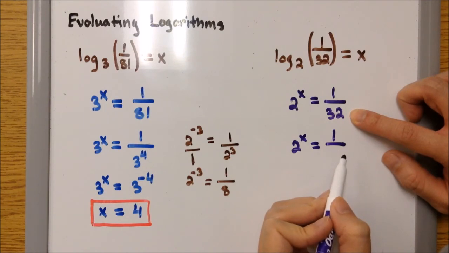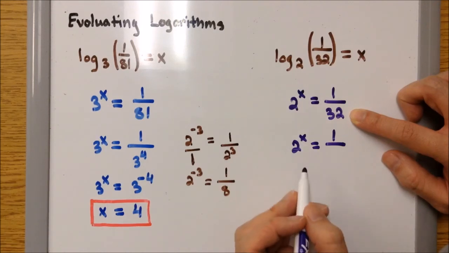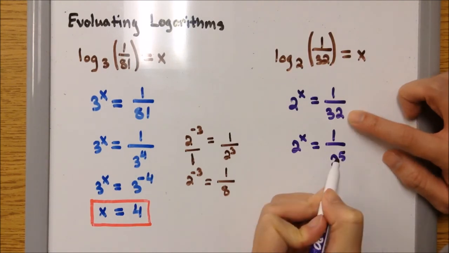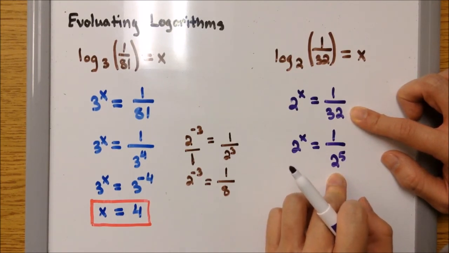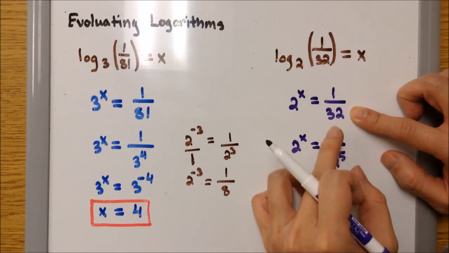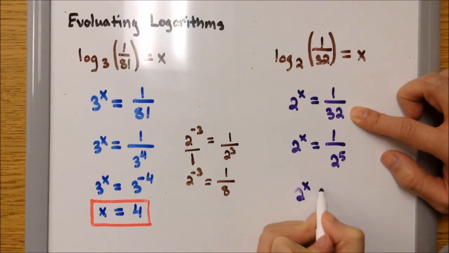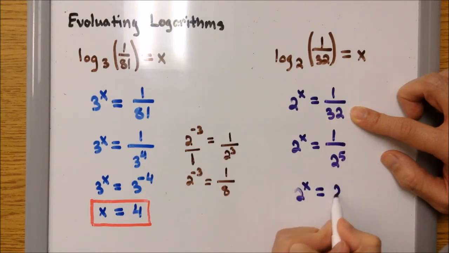Based on memory, 32 can be written with a smaller base of 2, and from memory again, we know that 2 to the 5th power is 32. Now we have the same base, but 2 to the 5th power is in our denominator, so we need to bring it up into the numerator. To do that, we change the exponent into a negative. So 1 over 2 to the 5th power is the same as 2 to the power of negative 5. Since we have the same base, x equals negative 5.